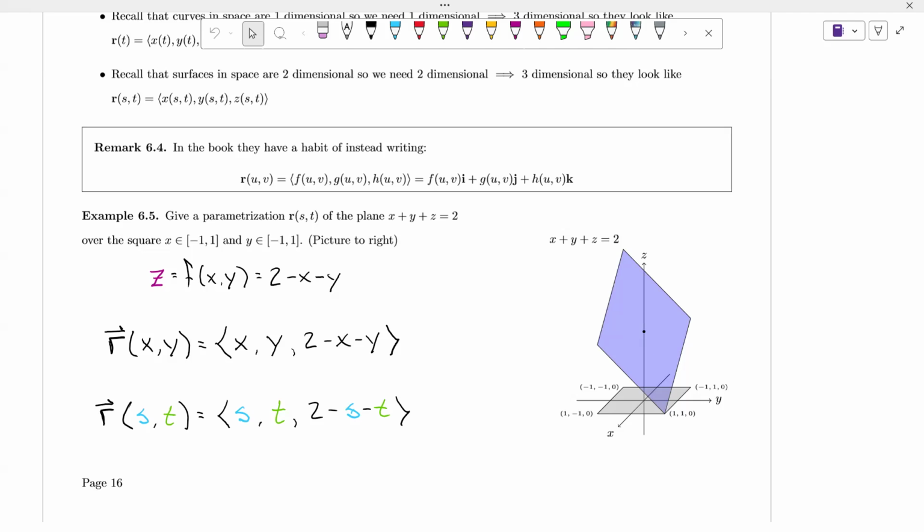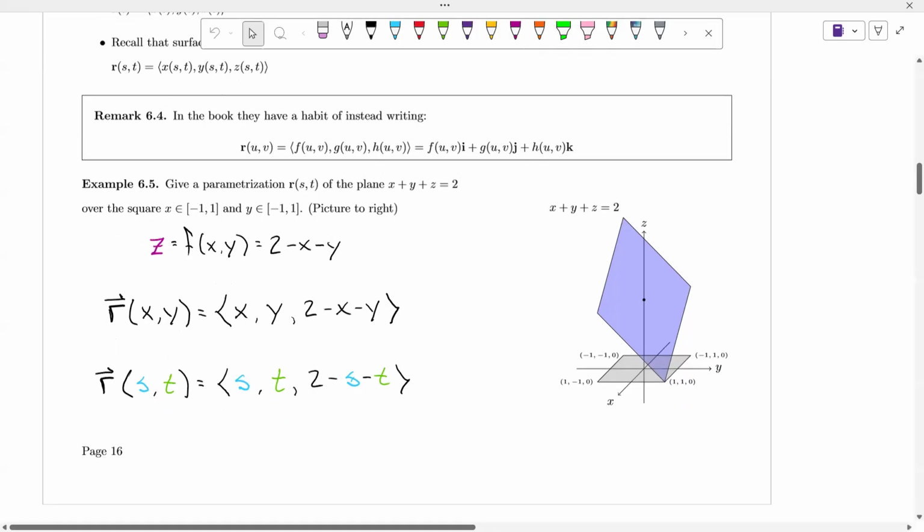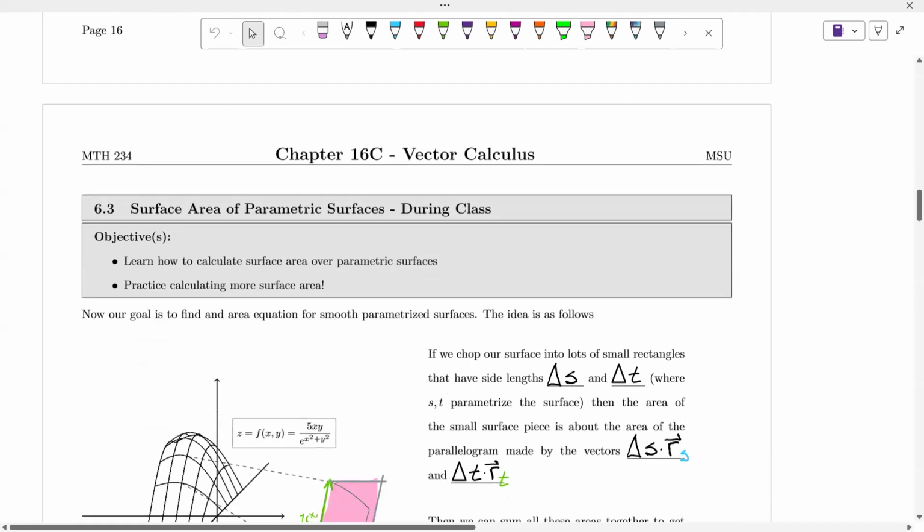Polar coordinates is a very handy parameterization if we're trying to do something that's circular in nature, as well as cylindrical and spherical coordinates, if either of those systems seems to fit our shape better. But again, we'll start thinking about those if we have circular regions.